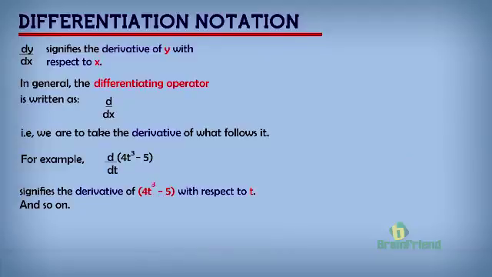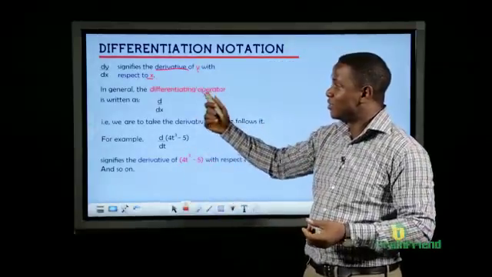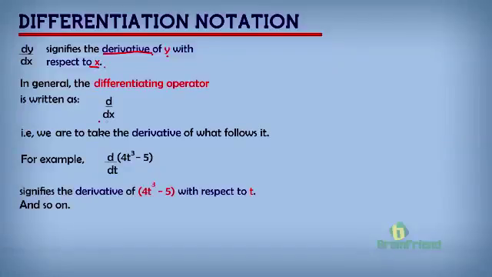Now, understanding certain notations that we make use of in differentiation. Dy dx signifies the derivative, that is the product of differentiation of y with respect to x. So wherever you see a d dx, for instance, like this, it means that this is our differentiating operator, and whatever comes after it is the function.